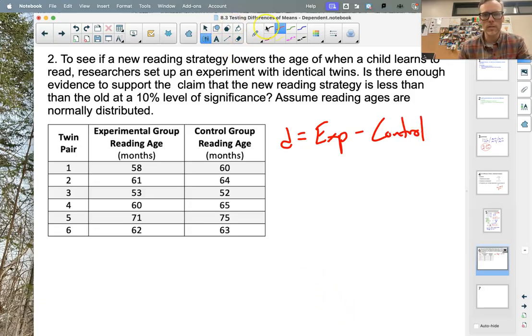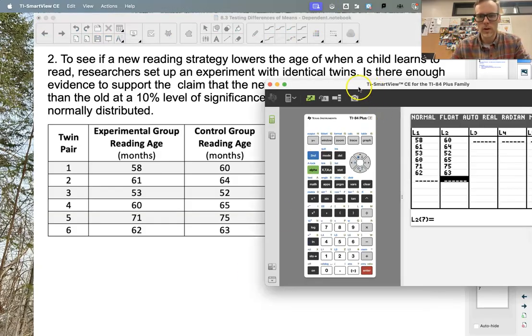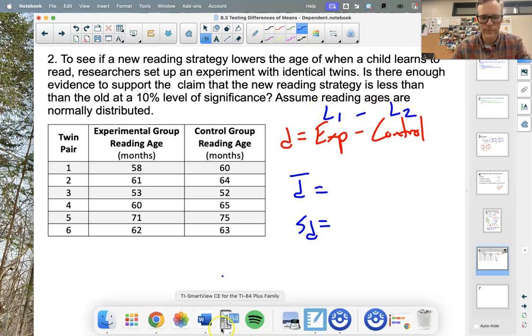When I do that, again, my goal is to find D bar and the standard deviation of the D's. So on my calculator, we are taking experimental minus control. Actually, I'm going to make a little note here. That means we're taking L1 minus L2.